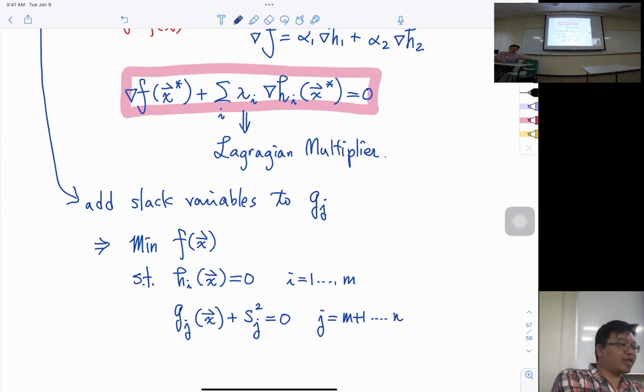So this time when we add the slack variables, we square them, so we make sure the extra term right there is always positive. If Sj squared is positive, your Gj can only be 0 or negative. So this is an equivalent formulation compared with the original one.